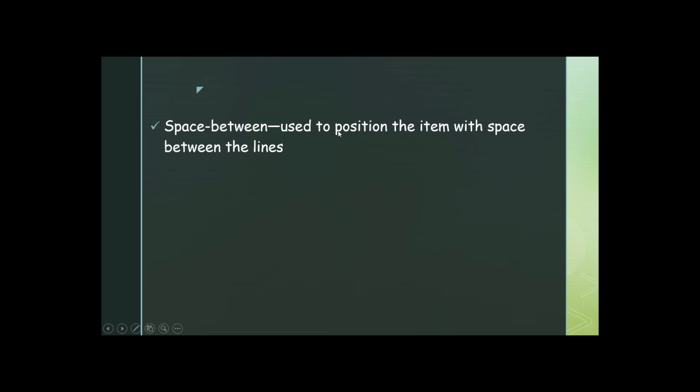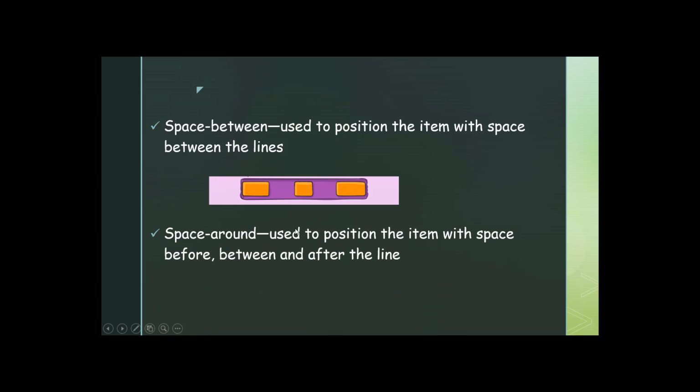Space-between is used to position the items with space between the lines. It helps to keep the space between the two items or elements. Space-around is used to position the items with space before, between, and after the lines, which means unlike space-between, which provides space between the lines, space-around also provides space before the first element.